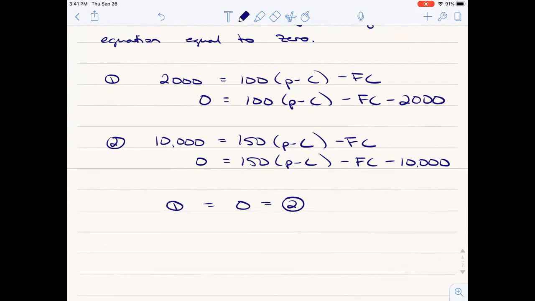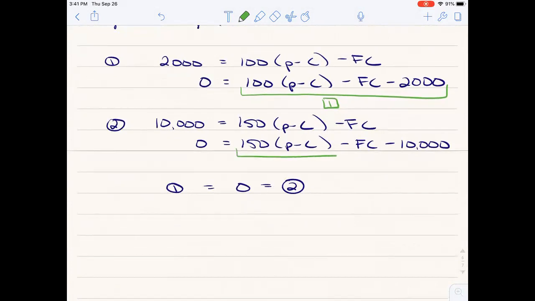What's my hang up? How about I call it square equation 1? Square equation 2. That part is equal to 0. That was just me being picky, right?